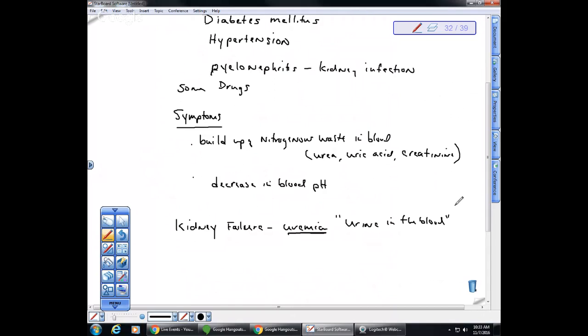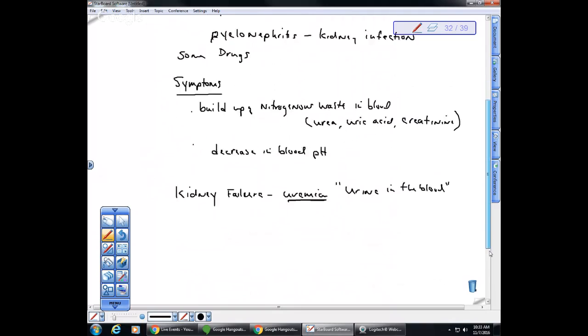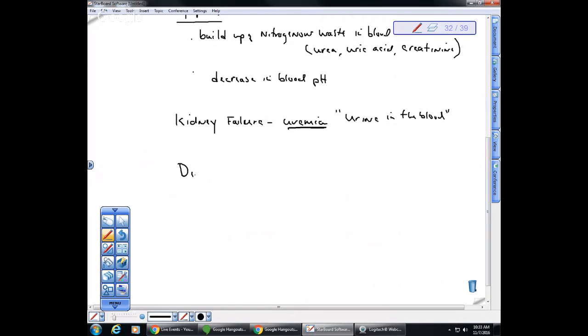So one way that you can treat kidney failure is through dialysis. And so dialysis is where you remove the blood and transport it into a machine that has a dialysis membrane, which we actually used in lab when we were looking at osmosis.